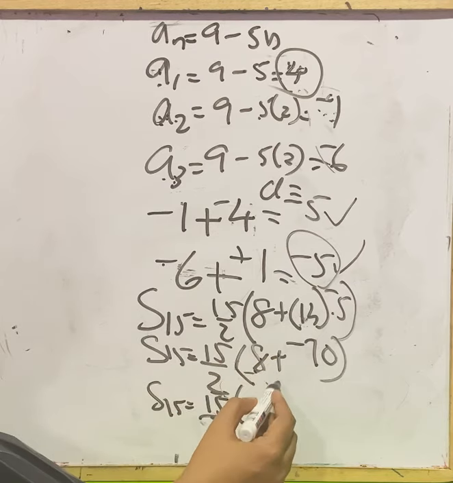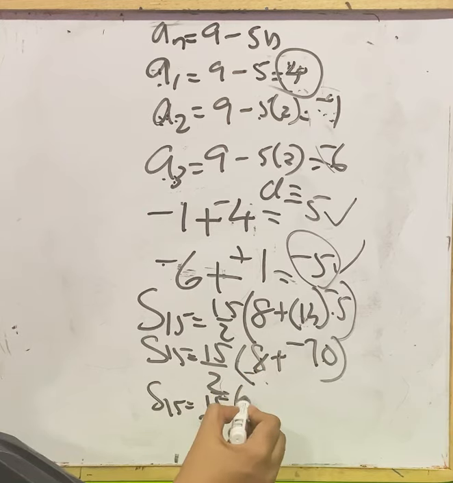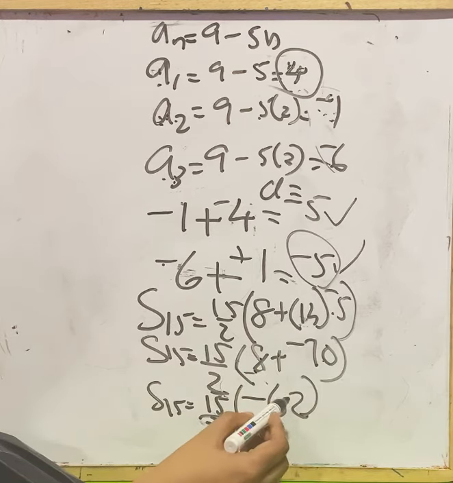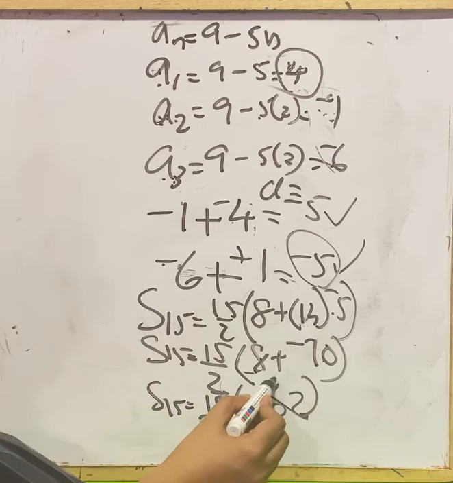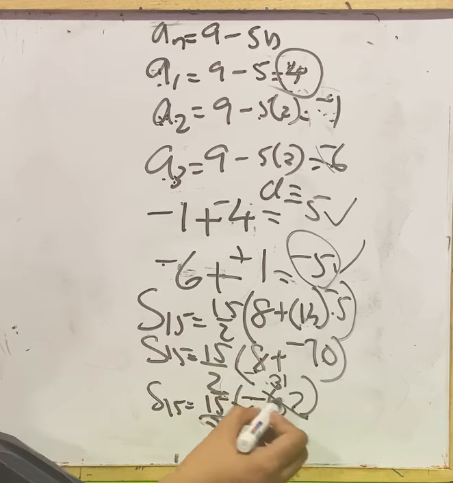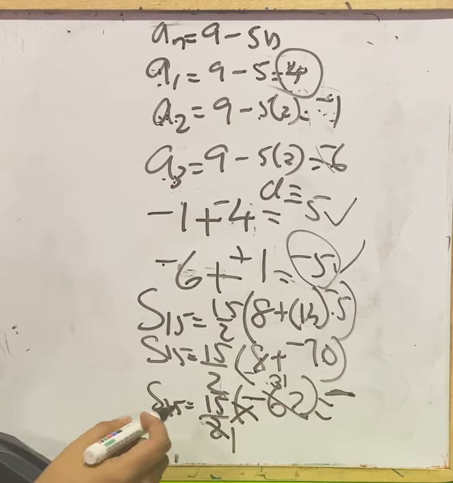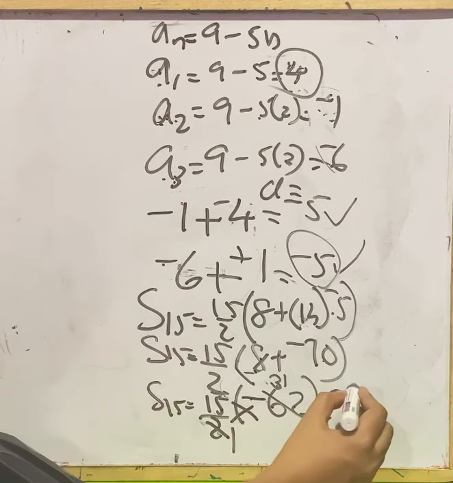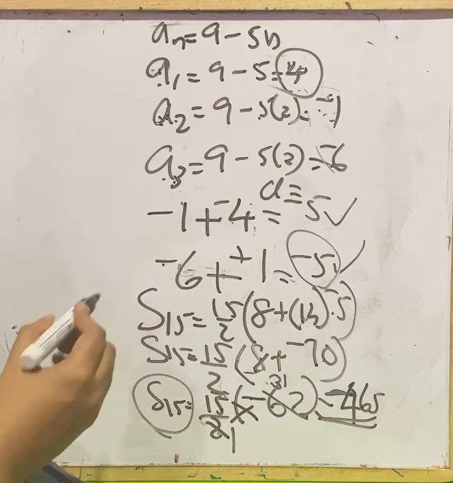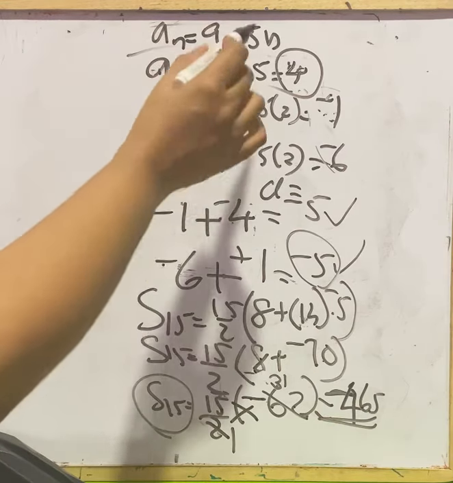Smaller number subtracted from bigger number and put the sign of bigger number. Minus 62. Now here 2 1s are 2. In this 62, 2 3s are 6, 2 1s are 2, minus 31. 15 into negative 31, that is negative 31 into 15 is 465. Negative 465 is the sum of first 15 terms in this AP.